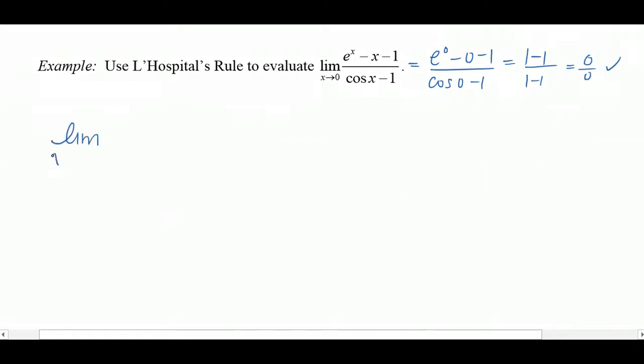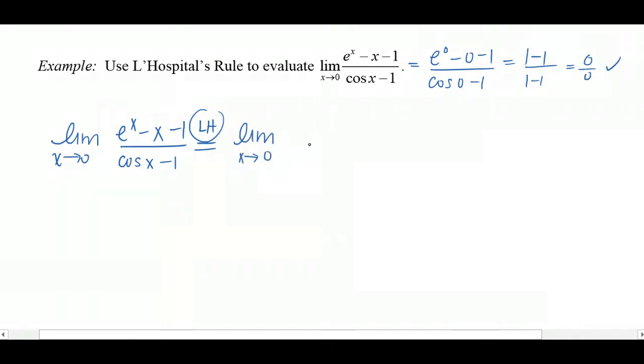So I have the limit as x approaches 0 of e to the x minus x minus 1 over cosine x minus 1. So I'm going to use L'Hopital's rule. Above my equal sign, I'm going to write LH. So now we're going to do the limit as x approaches 0. I have to take the derivative of the numerator. The derivative of e to the x is e to the x, minus x, so the derivative of minus x is minus 1, and the derivative of negative 1 is 0.